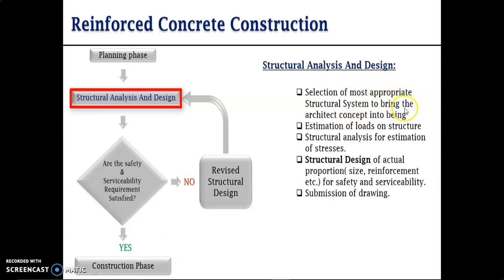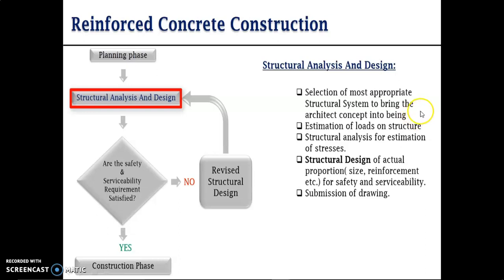Selection of the most appropriate structural system to bring the architect's concept into being. It means the architect prepares a map of the building, and the structural engineer handles the loading part. The structural engineer develops all the loads and elements.